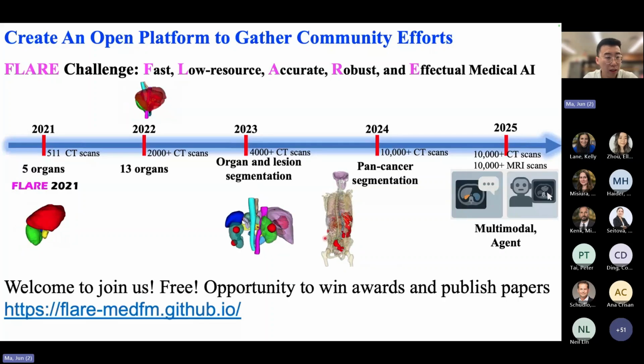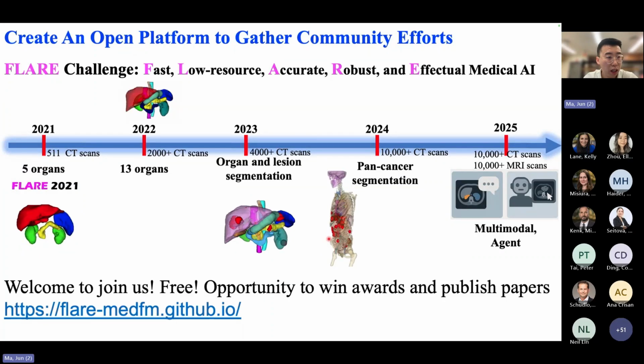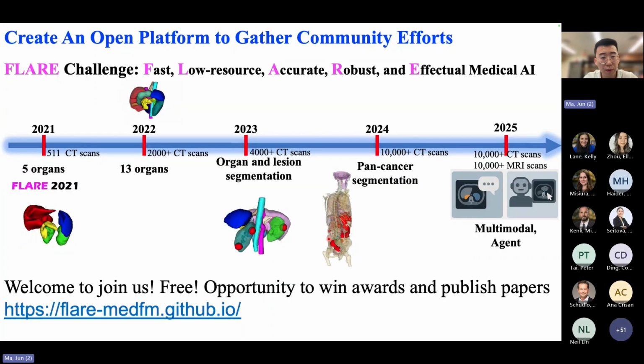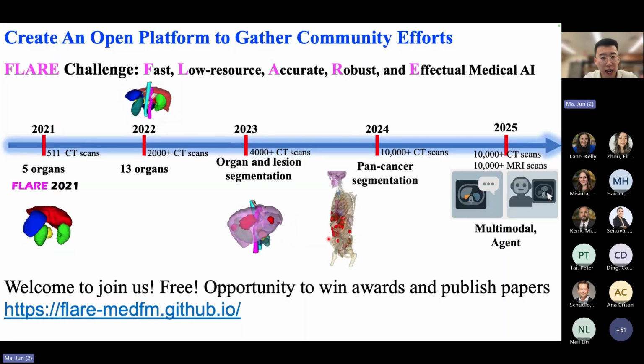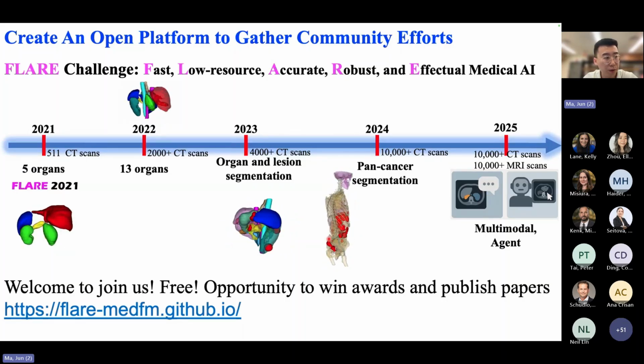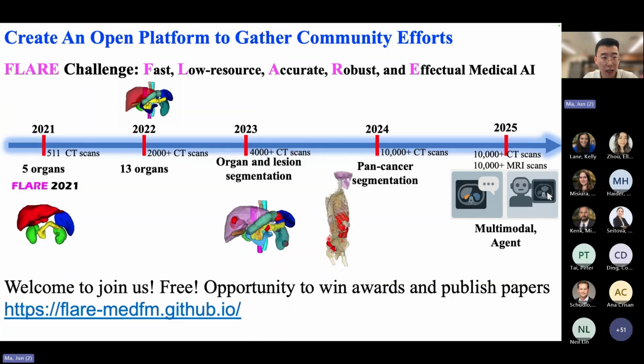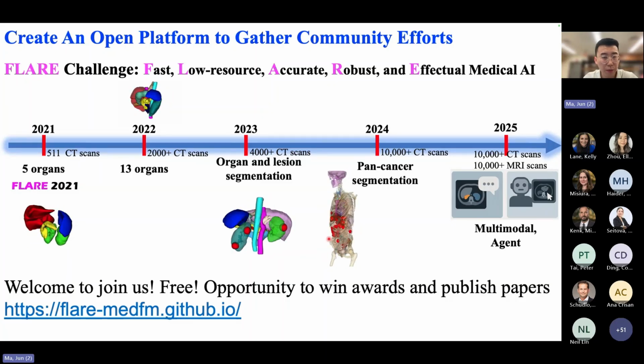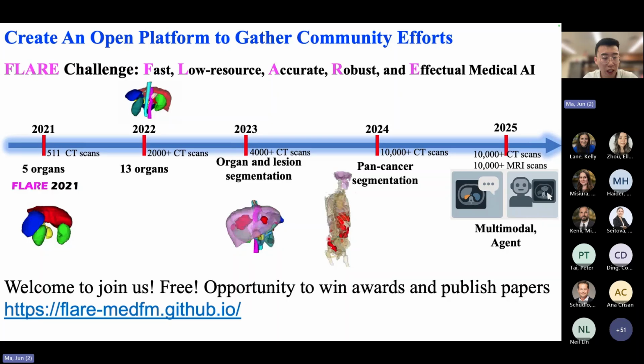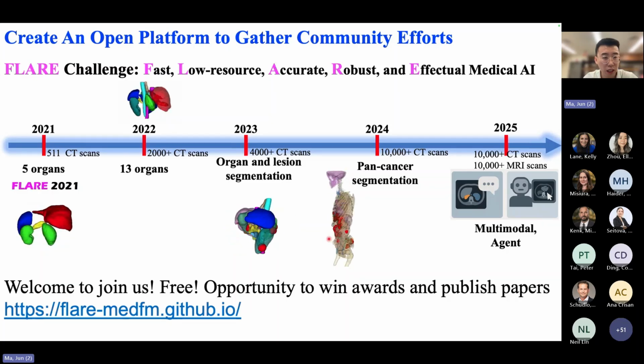We started this competition in 2021, and instead of only focusing on accuracy, we also focus on the algorithm's efficiency, such as the runtime, the GPU or CPU consumption, and the generalization ability across external datasets.